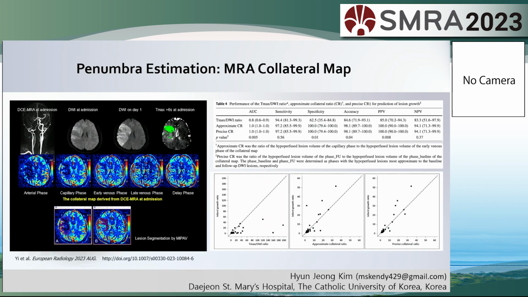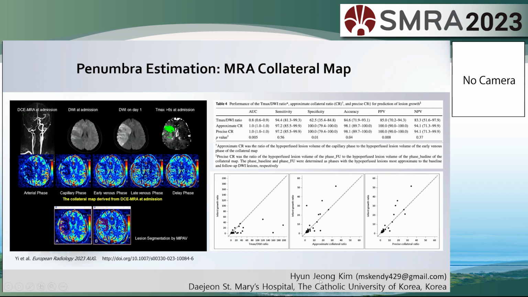And even recently, they applied it to estimating the infarction growth size, which was good from the ratio of the capillary phase defect divided by the early venous phase defect.